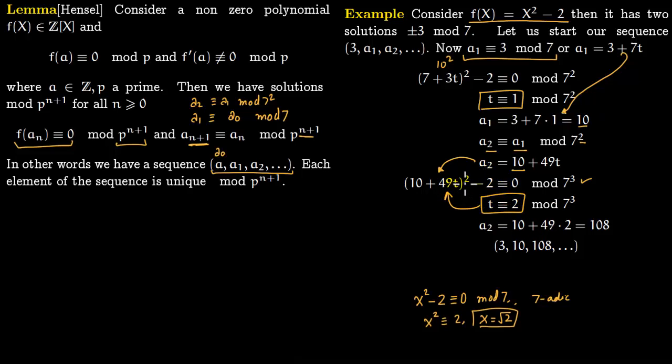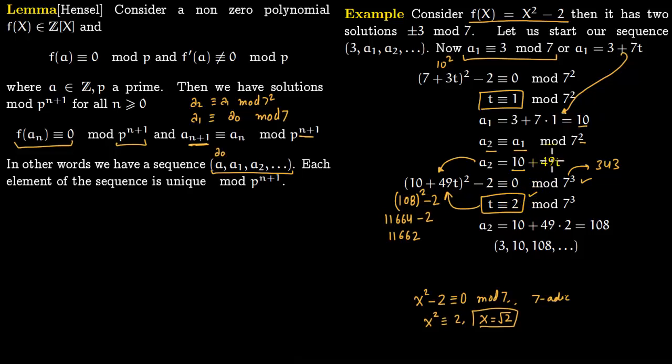And since t equals 2 satisfies such an equation, you can plug this in and check it out. So this will become 108 square minus 2. So this becomes 11664 minus 2, which is 11662. And 7 cube is 343, and you can see 343 divides this. So this satisfies the equation.